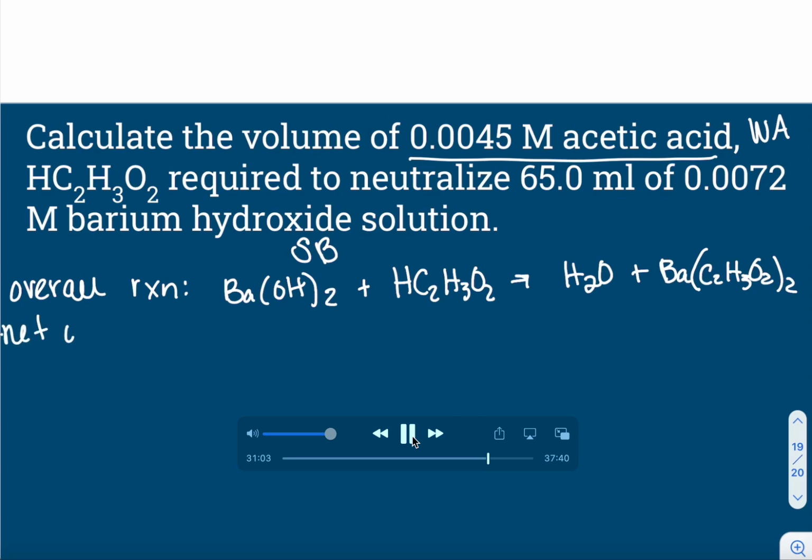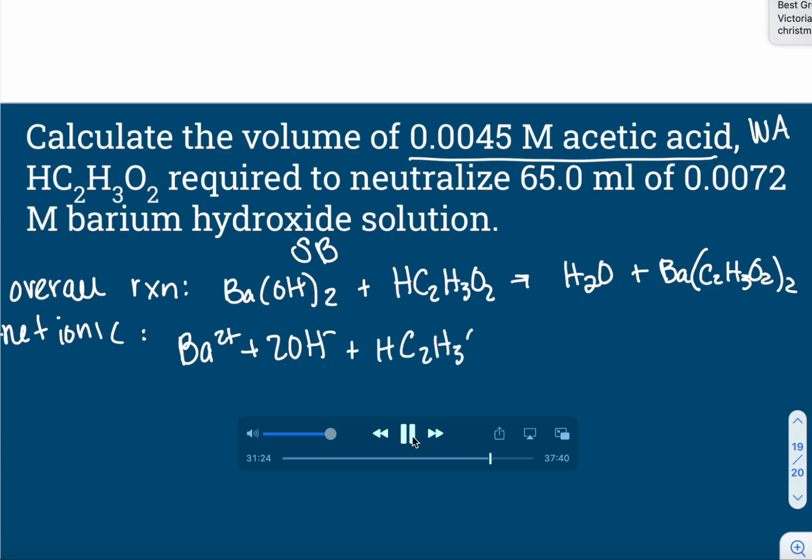For net ionic, we would break up our barium hydroxide because that's a strong base. So we'll have Ba2 plus 2OH minus. Our weak acid stays together because remember, acetic acid, which is weak, does not fully dissociate. Our water stays together. And then we can break up barium acetate. Now, this is not one of the solubility rules you need to know, but acetates are generally soluble. So I'm just going to tell you that.